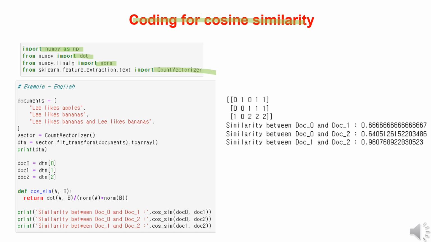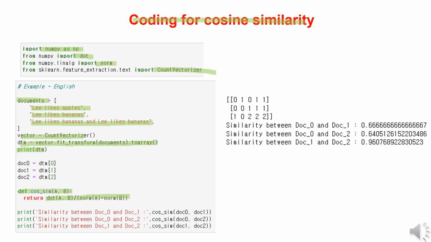We store the three sentences, Lee likes apples, Lee likes bananas, and Lee likes bananas and Lee likes bananas, in the documents variable. Next, we use the count vectorizer command to build a vocabulary list. Then we calculate cosine similarity using a function that computes the dot product of two vectors divided by their magnitudes.